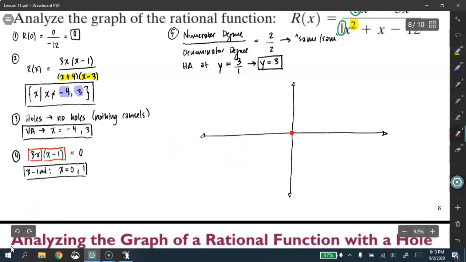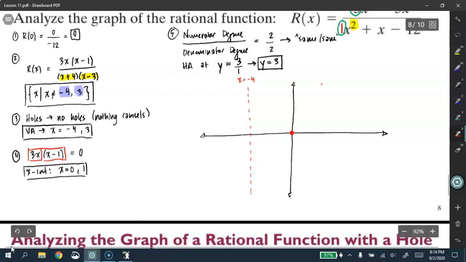So step number 3 says that we have vertical asymptotes at -4 and +3. So I'm going to go to some arbitrary spots here on this axis, which I estimate to be -4. And I'm going to make a vertical line that goes straight down. And I will label this as x equals -4. All right. And that is my first vertical asymptote. Then in step 3, the next one is at x equals 3.